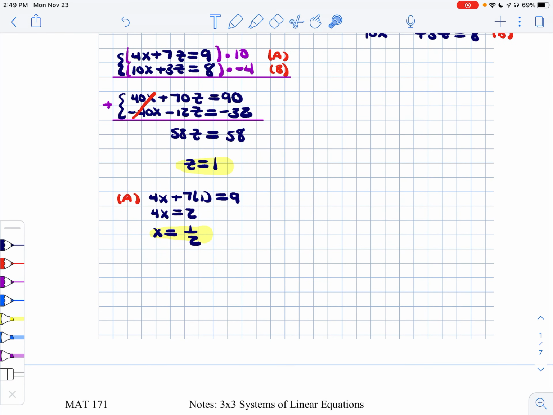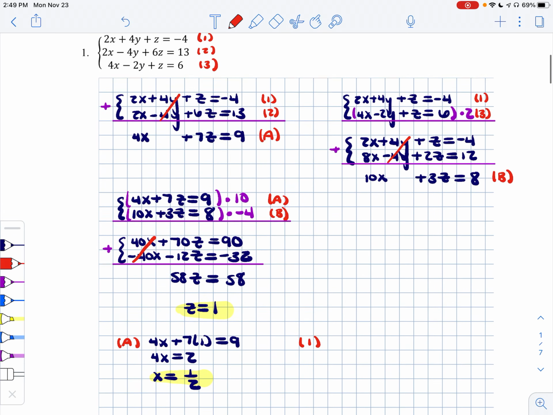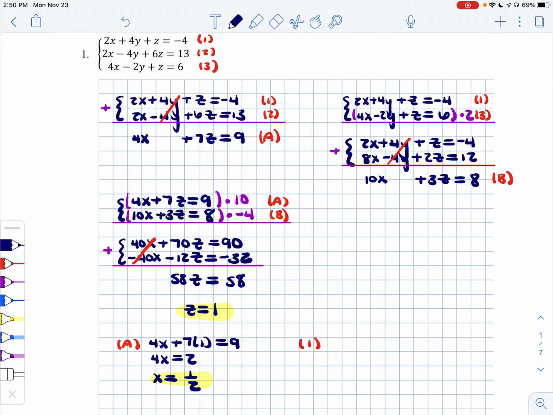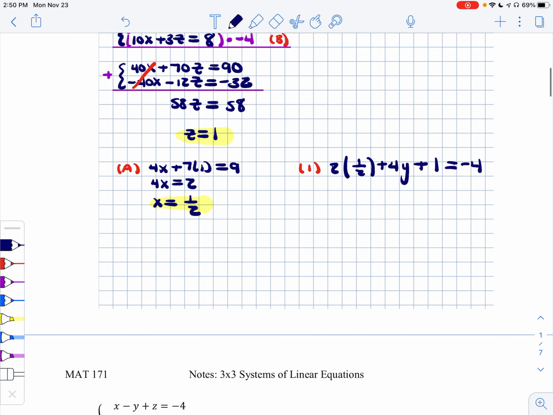I'll just use equation 1. Our equation 1 up here was 2x, we just found that x was 1/2, plus 4y plus z, which we found was 1, is equal to -4.